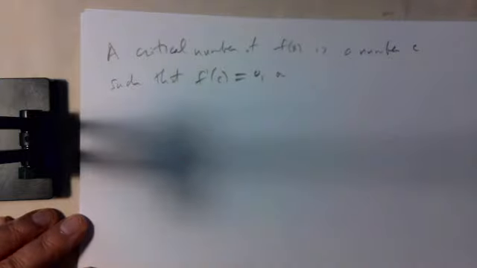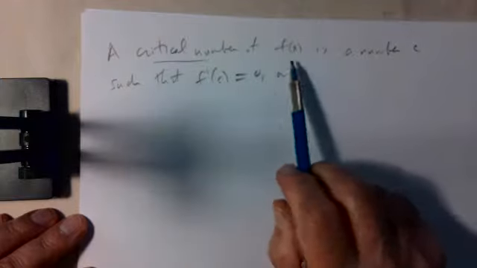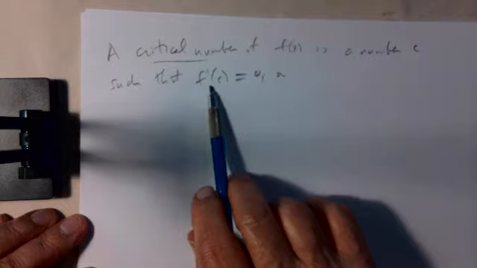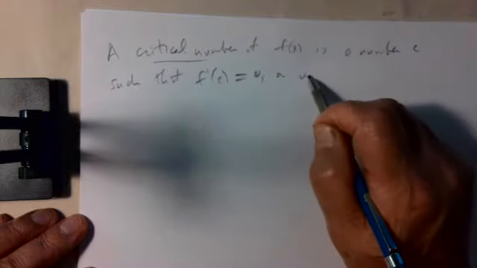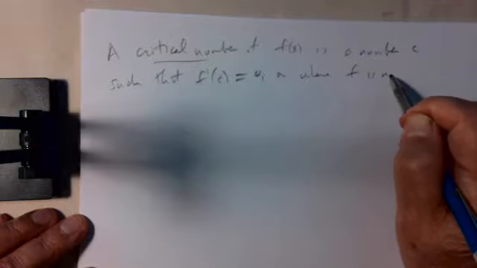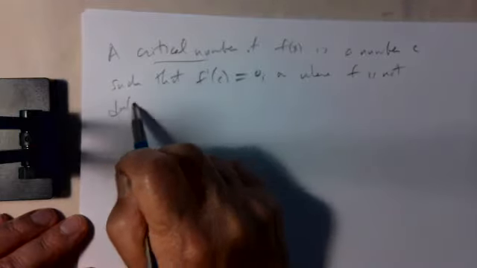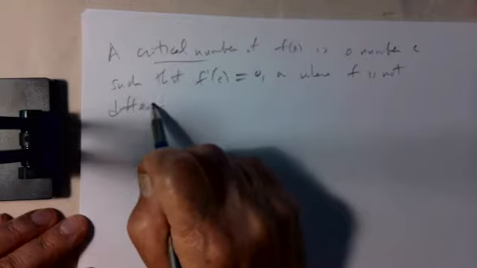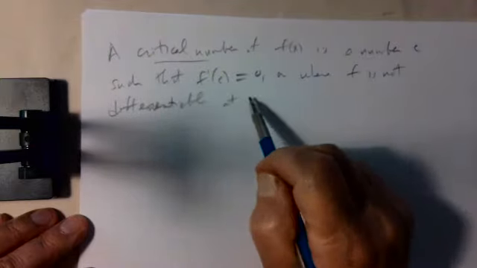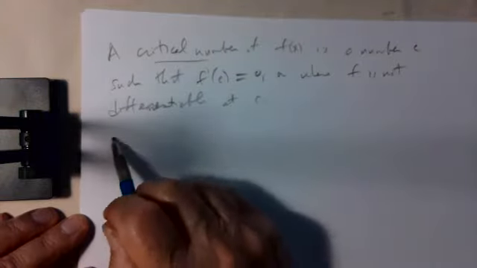Or, I should be very careful about this: a critical number is a number c where the function is differentiable and has derivative 0, or where f is not differentiable at c.